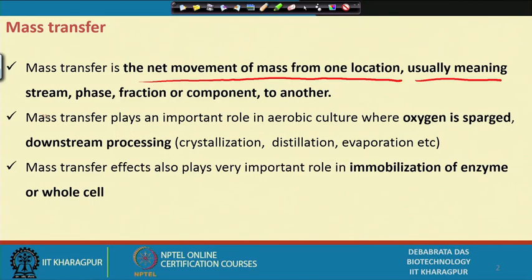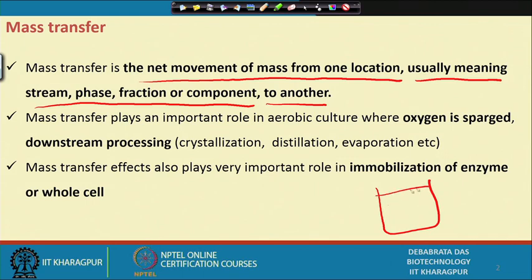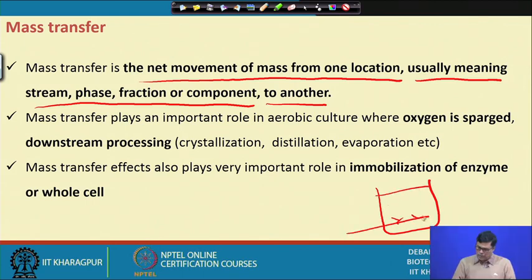Now first let me discuss what we mean by mass transfer. Basically it is the net movement of mass from one location, usually meaning a stream, phase, fraction or component, to another. Suppose this is a vessel and this is a liquid, and we are sparging air.